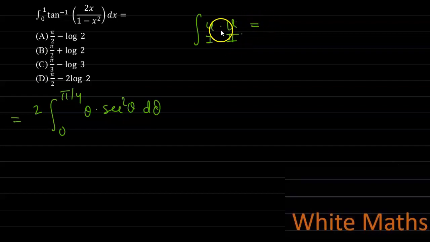Then the integral of these two functions written in product form is the first function u times the integral of the second function v, minus the integral of the derivative of the first function, that is u dash, times the integral of the second function v. So it is the formula for finding the integral of two functions which are written in product form.